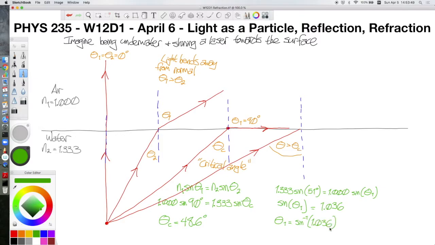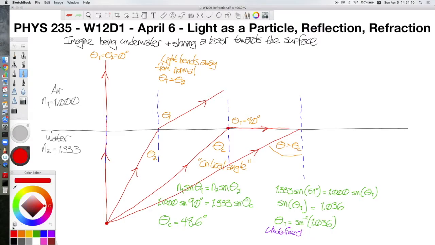So hopefully this is raising some red flags in your brain, because there is no answer for this. This is undefined. Your calculator will give you an error. So both our conceptual analysis and our math work are saying that refraction can't occur.